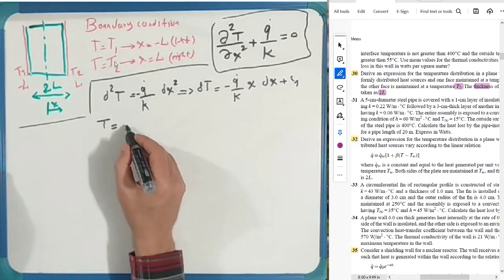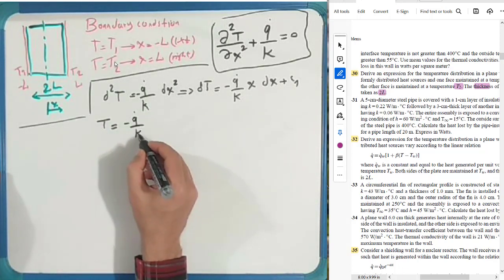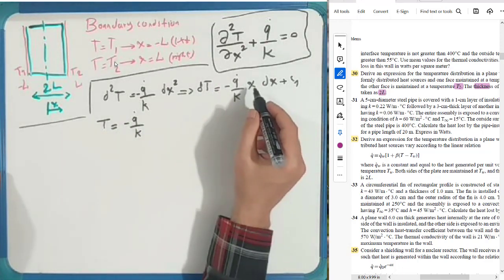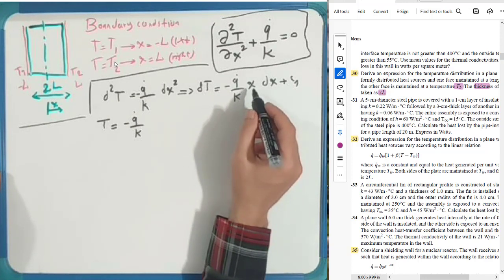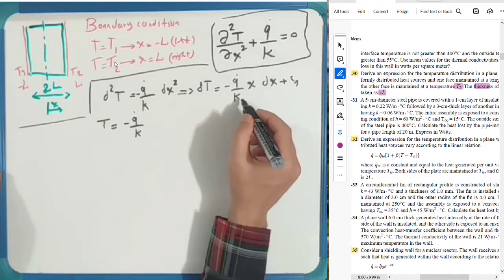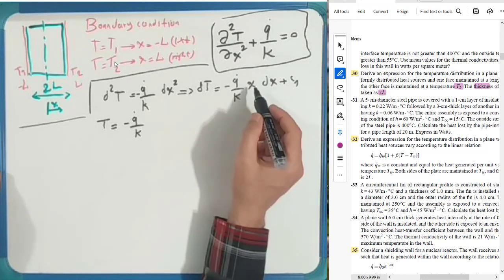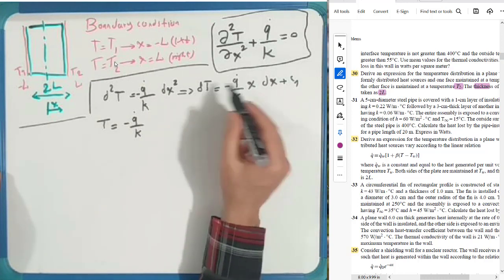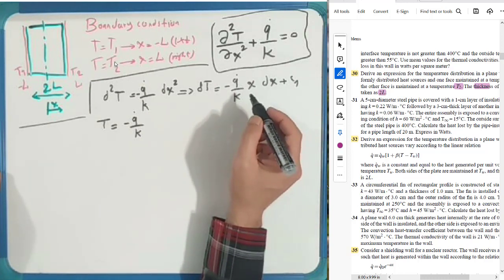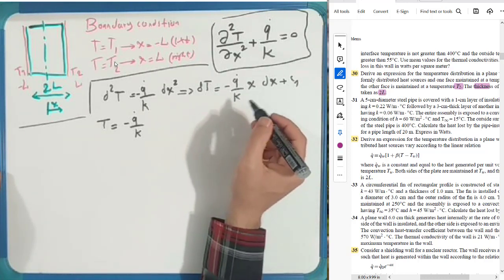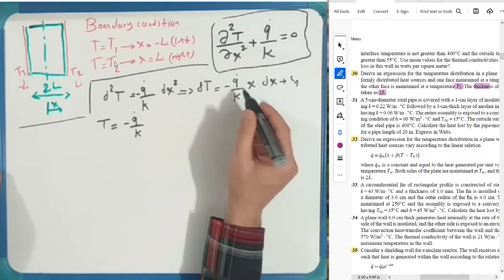T equals minus Q dot over K times x squared over 2, plus C1 x, plus C2. Here we assume K is constant, and Q dot is constant and not dependent on temperature or x. In reality this is not true because K is a function of temperature, but for simplification we assume these two are constant.